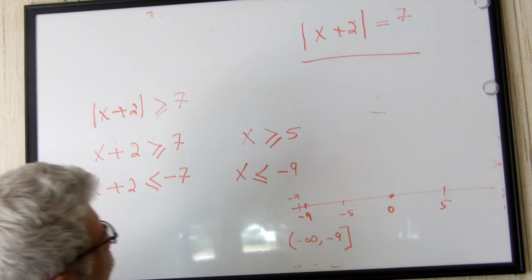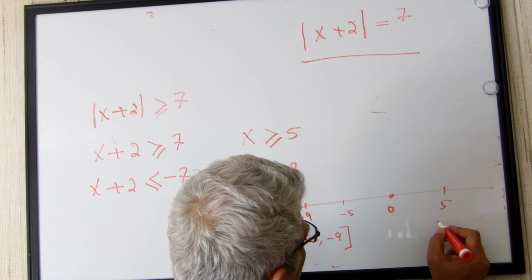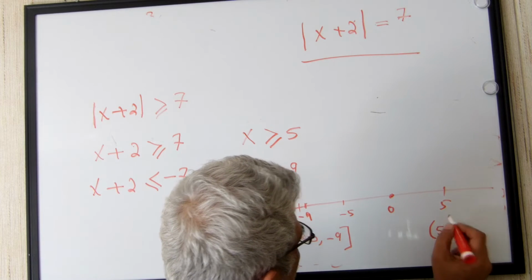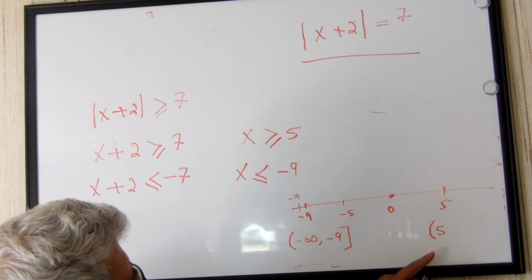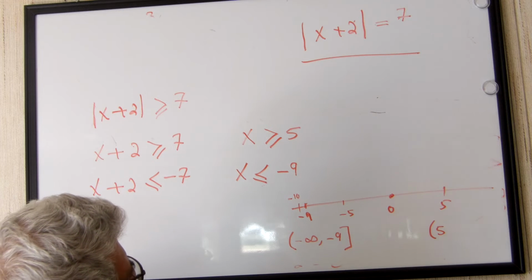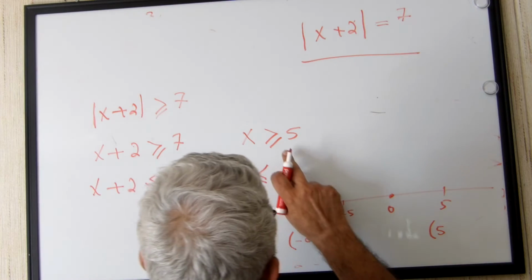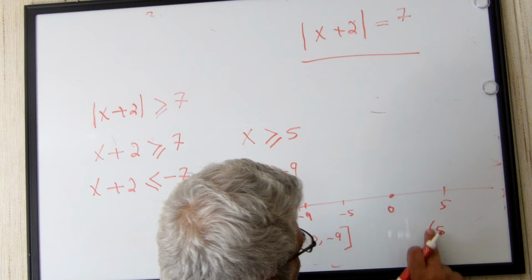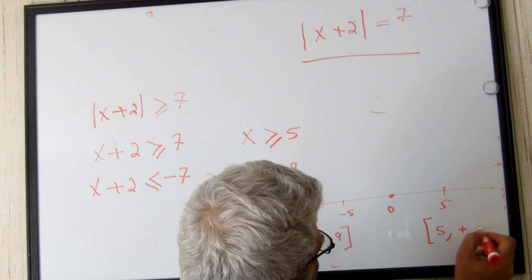And here it's x greater than or equal to 5. So we use this notation. It starts from 5, where it starts and where it ends. What is 5? It's larger or equal, so this is going to be a bracket: 5 up to plus infinity.